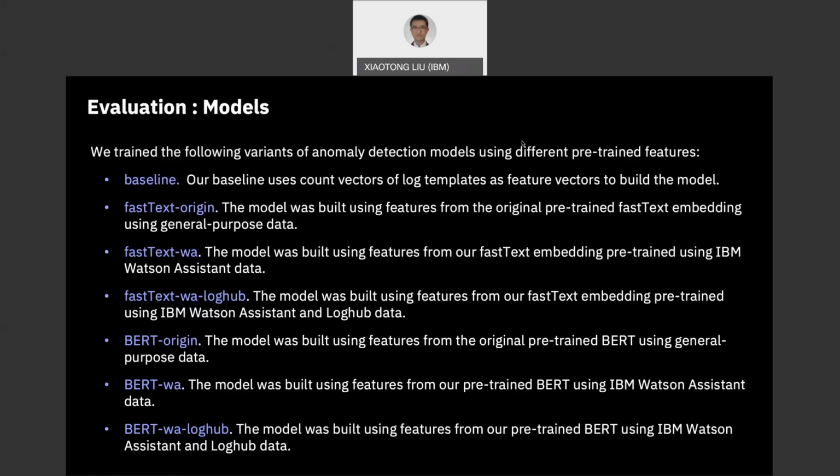The fast-text AA and log.hub model was built using features from our fast-text embedding pre-trained using IBM Watson Assistant and log.hub data. And similarly, we have 3 versions of models for BERT: the BERT origin, BERT AA, and BERT AA log.hub models.